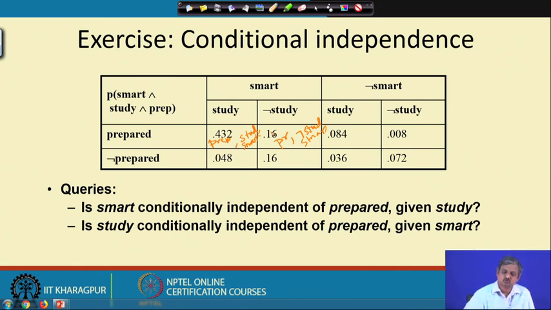What we are supposed to do is to figure out 2 things. First, from this, looking at prepared, smart, study, find out what the marginals are, which things add up to 1, what are the conditionals that can be there, and what are the conditional independences that hold.